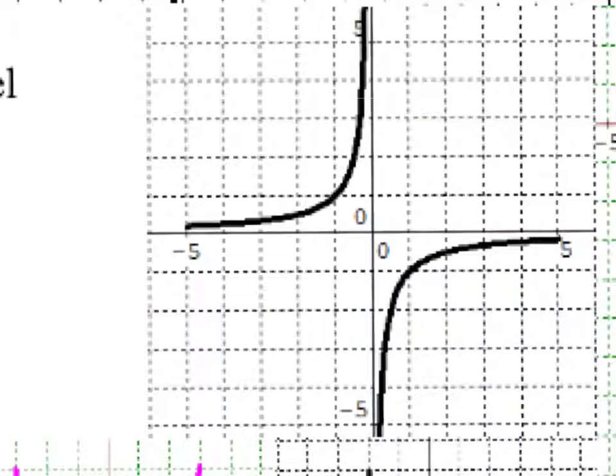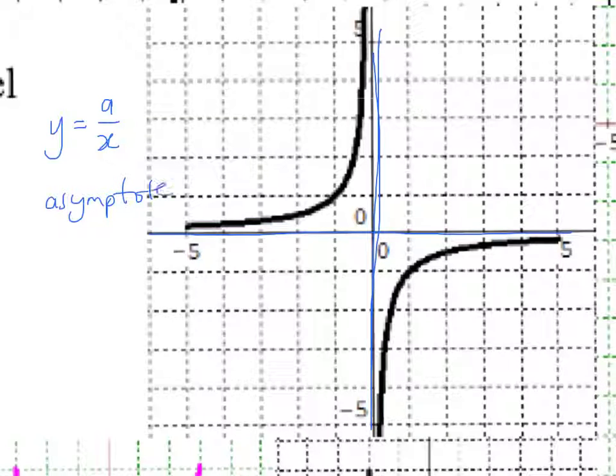Now let's look at our, here we have a negative hyperbola. You can see it's in the other quadrants. So this is going to be y equals a over x as our general formula, and we know that our asymptotes again are at x equals 0 and y equals 0. So we can mention our asymptotes: x equals 0, y equals 0.